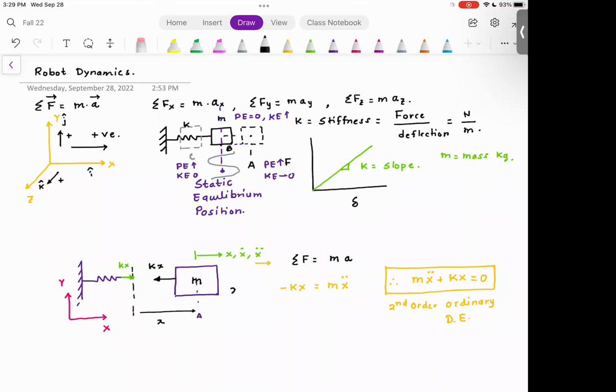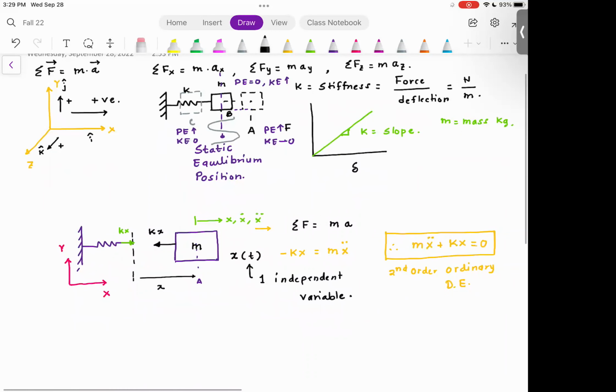It is called ordinary because x, which is the dependent variable, is a function of an independent variable t, and there is only one independent variable. If you have more than one independent variable, then it would become a partial differential equation. Since there is only one independent variable, this is an ordinary differential equation. This is a second order ordinary differential equation because it has 2 derivatives. Do you agree with me?